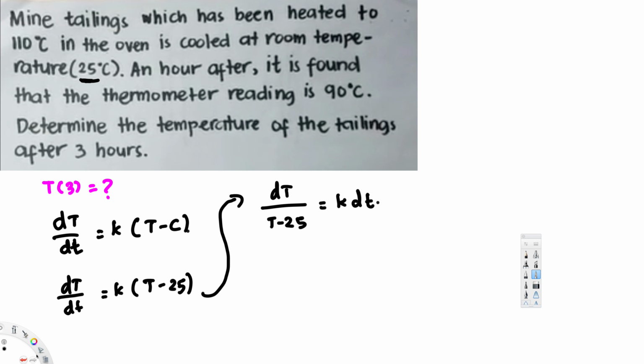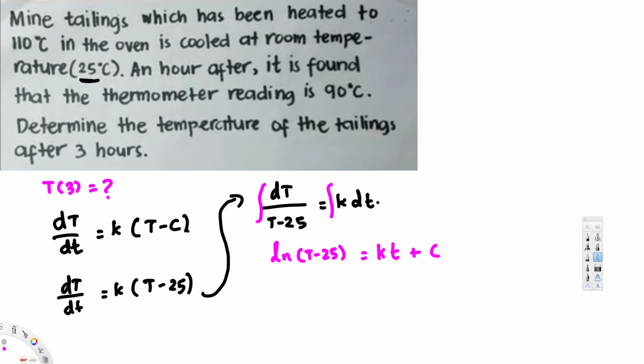Now we separated this one, now let's integrate. So if I integrate this one, this is going to become ln of (T minus 25). Okay, so we don't have to worry about the absolute value. And on the other side we are going to have kt. k is a constant. If we integrate dt, that's going to be just t, and we have to have a constant, let's say that is c.